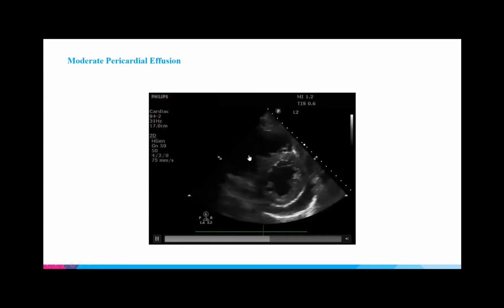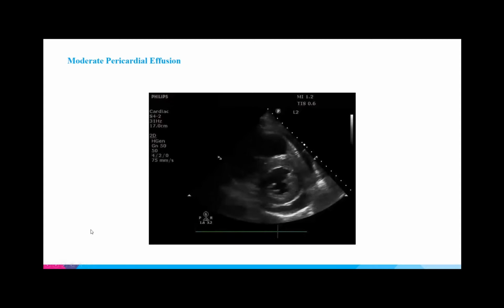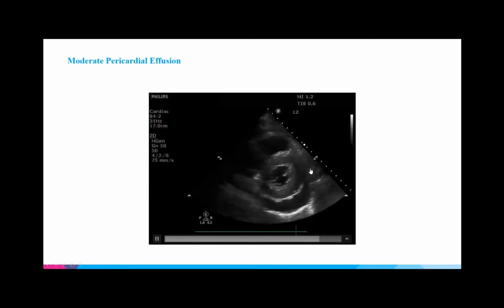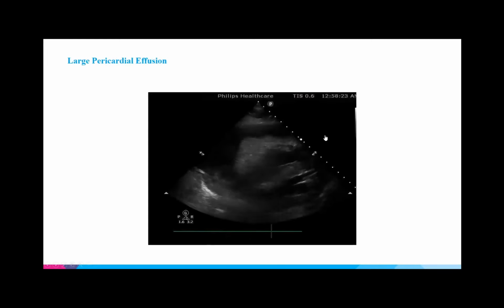This is another parasternal short axis view, right? Yeah, perfect. So you have your left ventricle here and right ventricle up here, and then your rim of fluid surrounding the heart.